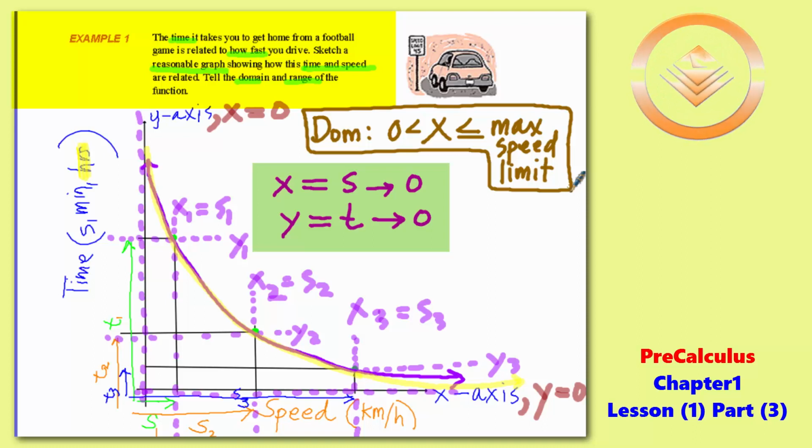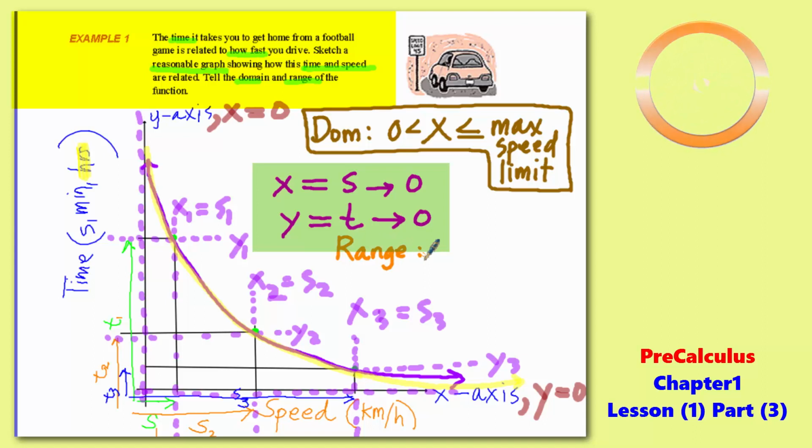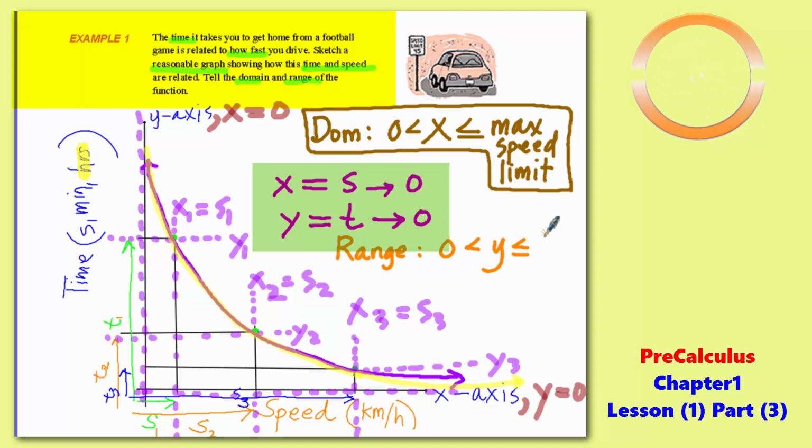Okay, next, what is our range? Our range here is y, so our range would be y approaching 0, so it's greater than 0, of course, and it's dependent on the time of where your maximum speed is.